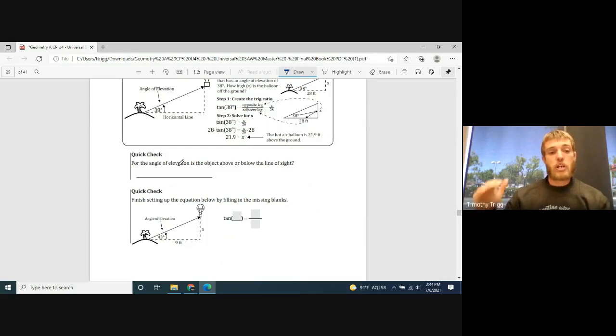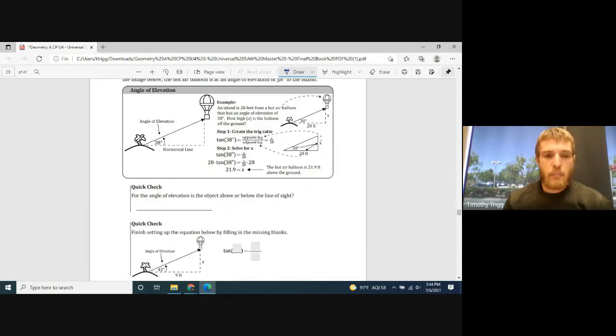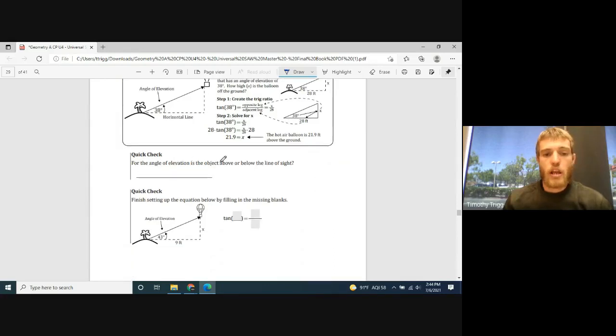An angle of depression is an angle going downwards. They have this example here with an island with a palm tree, looking up at a hot air balloon. That would be an angle of elevation because it's going up. For an angle of elevation, the object is above the line of sight.